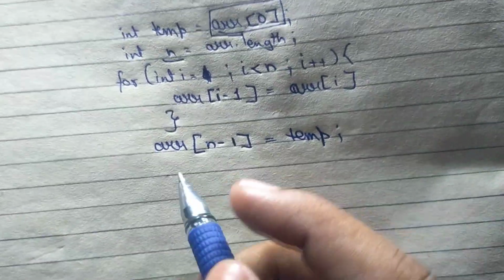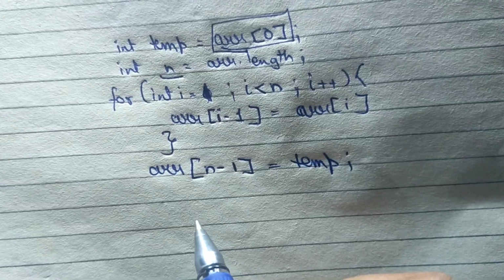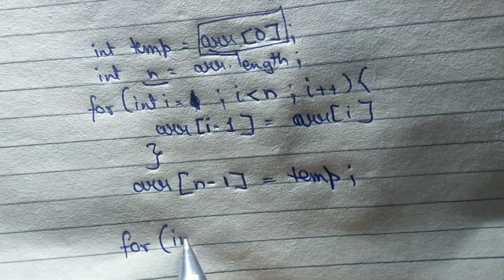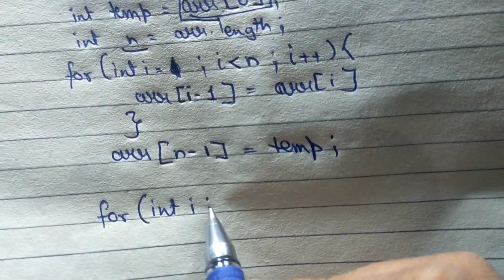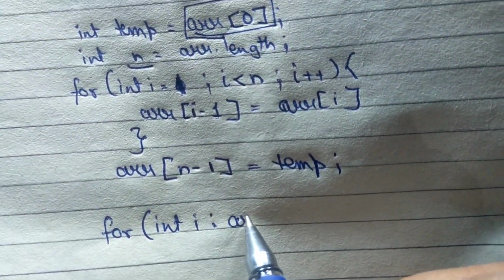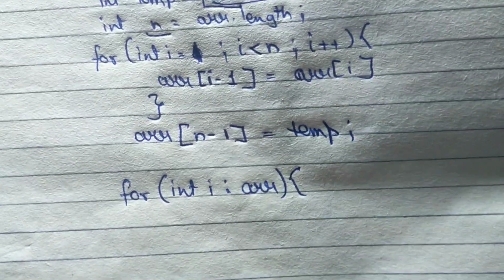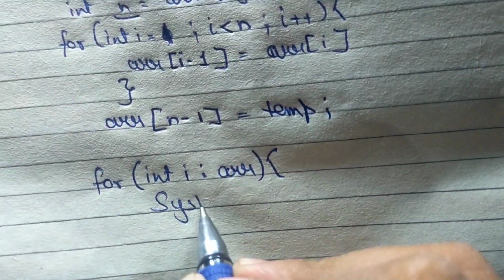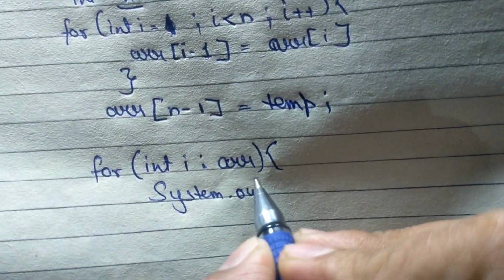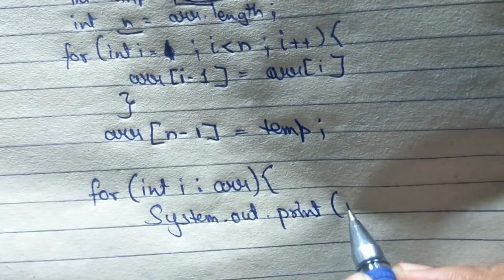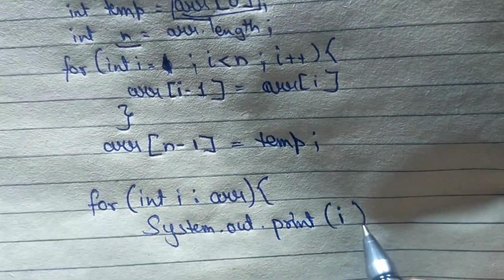After that, we want to print that array. For this I am using a for loop over arr, we are traversing again. For the output, system dot out dot print, we are printing arr of i.